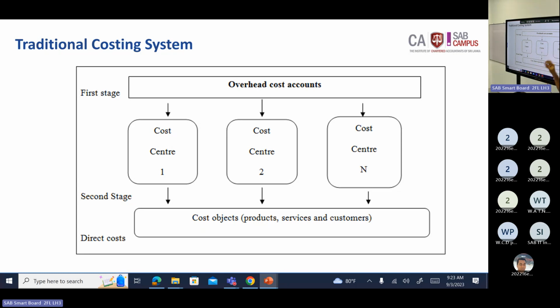Then this overhead cost you have to take into the cost centers, production department, service department, likewise. Then from the cost center, you have to take them into the cost object.